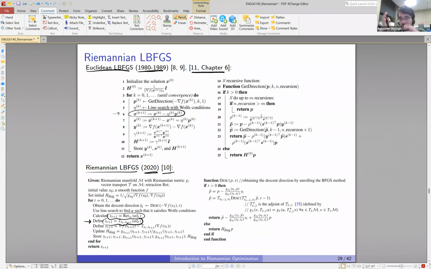Otherwise, the two vectors are in different spaces and we can't do any arithmetic on them. So we need vector transport from one space to another in Riemannian LBFGS. But in Euclidean LBFGS we don't have this issue, because all of the vectors are in the same space, even at different points. We have only one Euclidean space. But in Riemannian geometry, at each point we have a separate tangent space. That's another thing you should note.